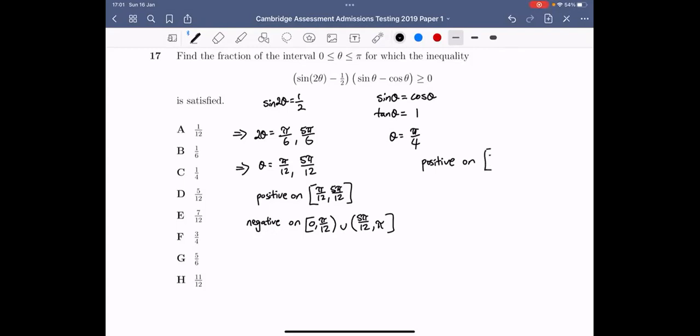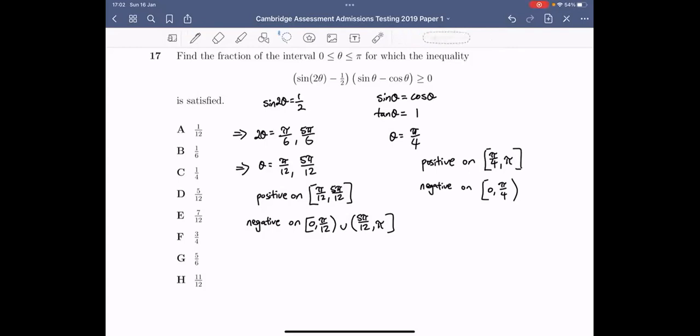So pi, yep, and negative on 0 to pi on 4. And so if the product of two things is greater than or equal to 0, that means they're either both positive or both negative.